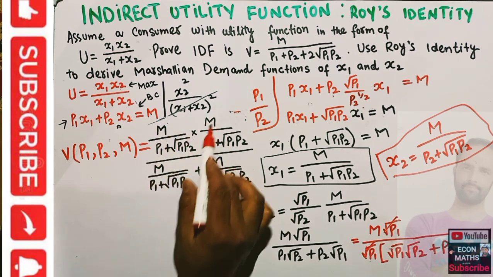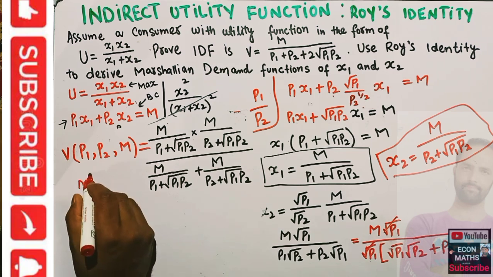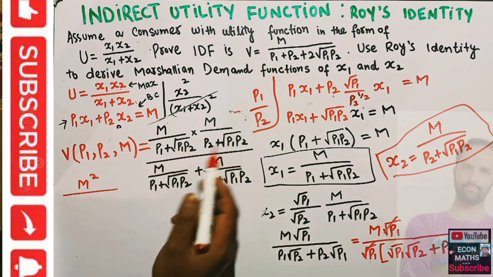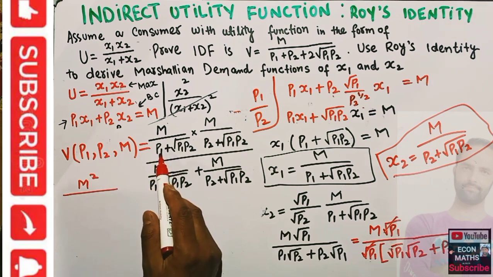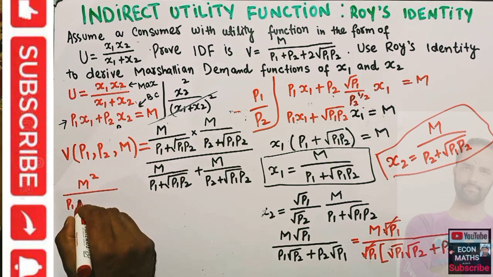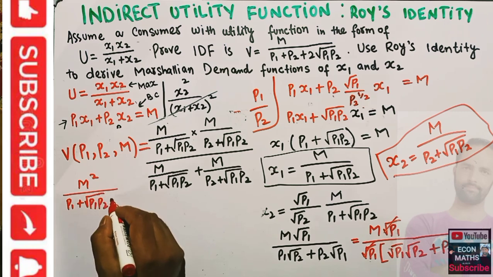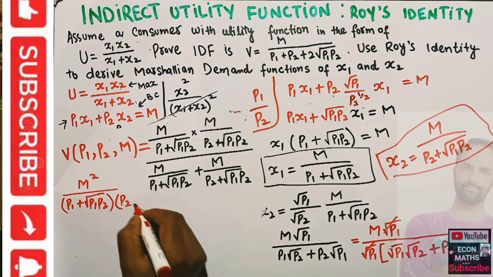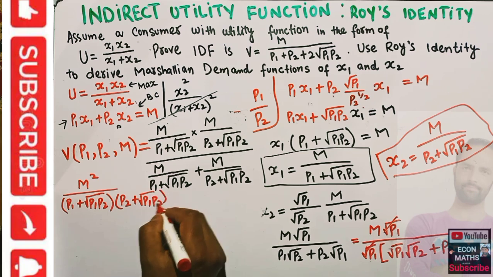We have m into m is m square, so m square divided by the function p1 plus root p1 p2, into again p2 plus root p1 p2.